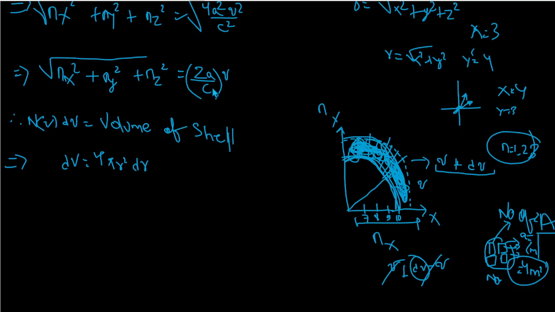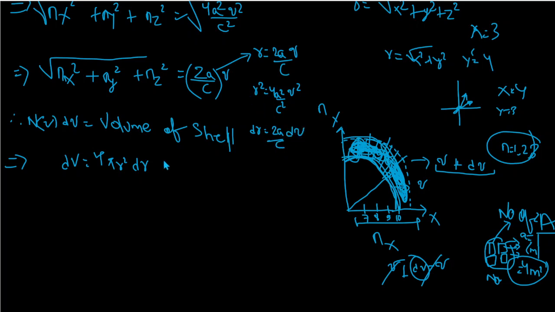If you remember here, the radius is equal to 2a by c mu. So the radius square can be written as 4a square divided by c square mu square, and dr can be written as 2a by c d mu.